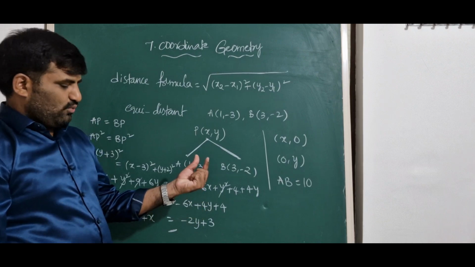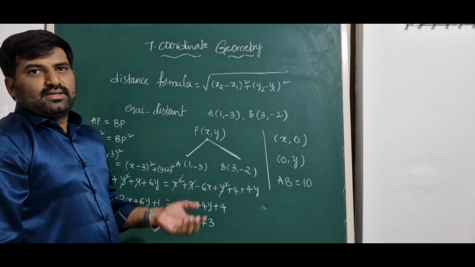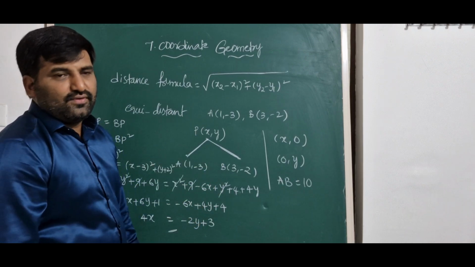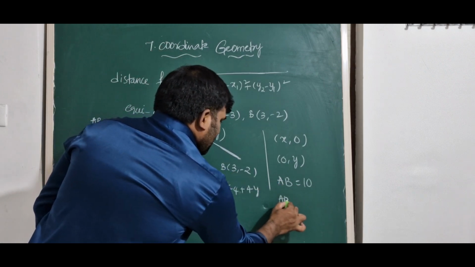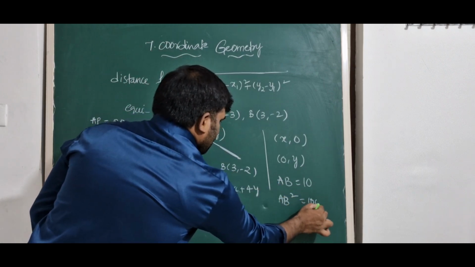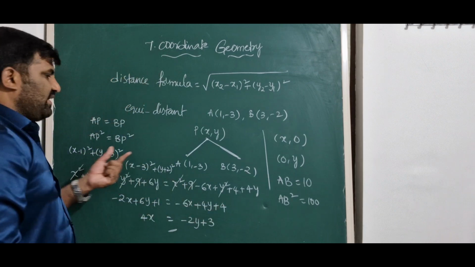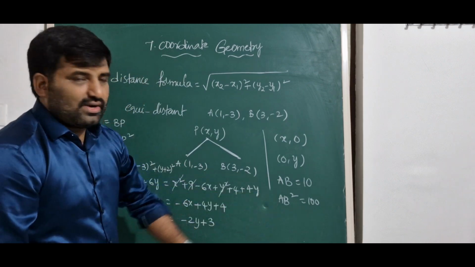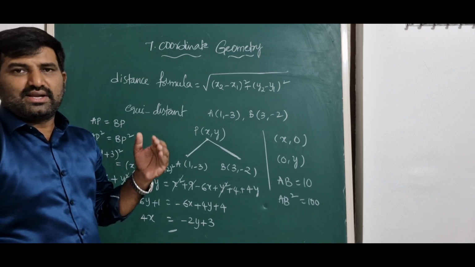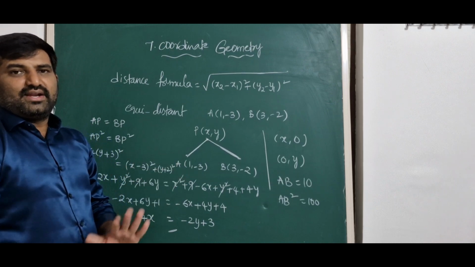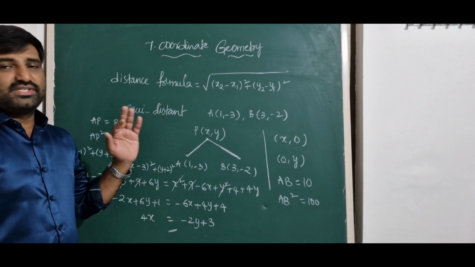So the distance between the 2 points is 10. Find the value of x. If you want to find it like that, take AB is equal to 10. Directly you can take AB square is equal to 10 square, that is 100. Same like this, you can find the distance and equate it to 100. Simplify the equation, you will get the x value that you can substitute and get the ordered pair of either A or B. These are the questions of exercise 1.